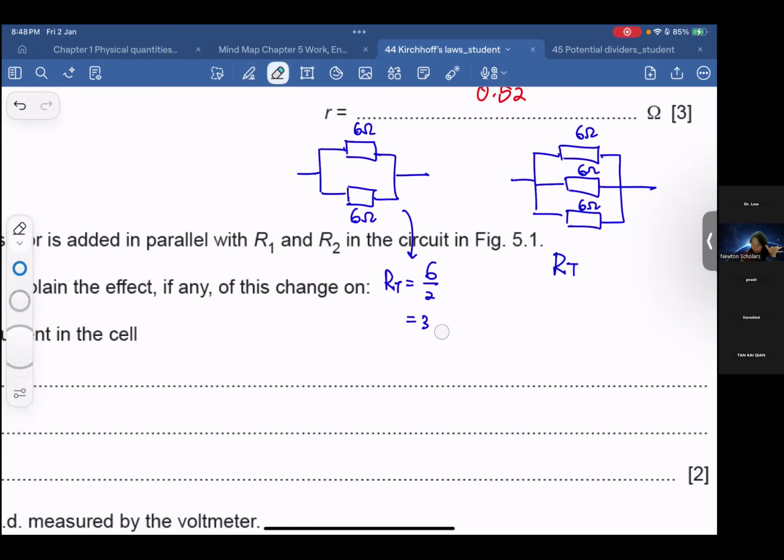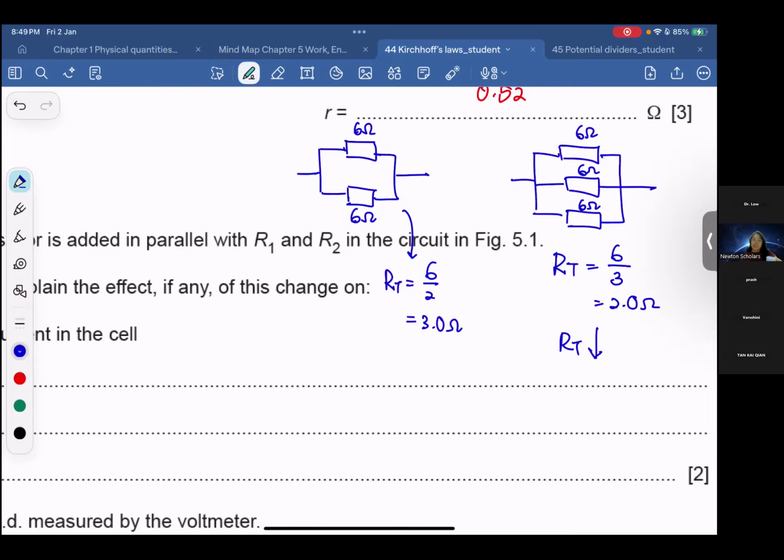Then this one is 6 divided by how many of them are similar resistors connected in parallel. This one is 3. We got 3 resistors having 6 ohm, so our answer will be 2.0 ohm. So can you find out that if you add one more resistor in the circuit, you are decreasing the overall resistance. It will be decreased.